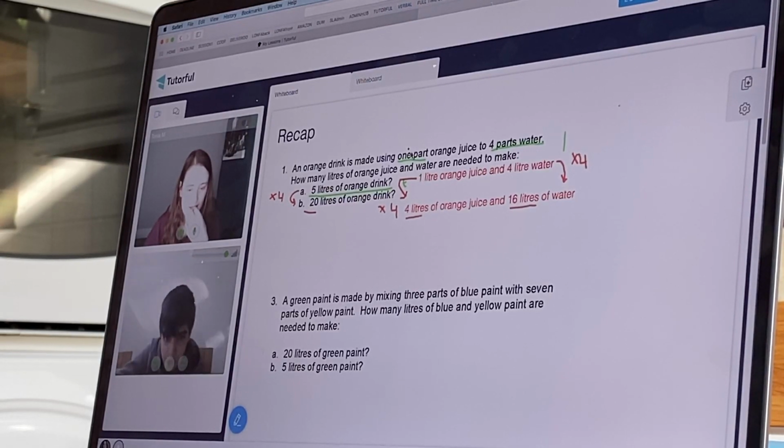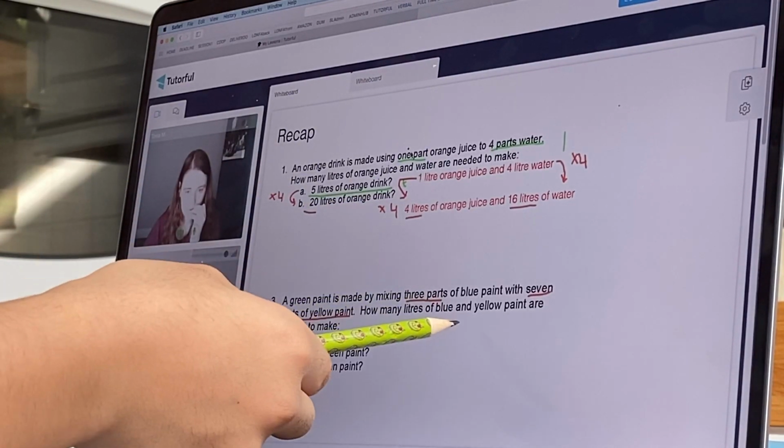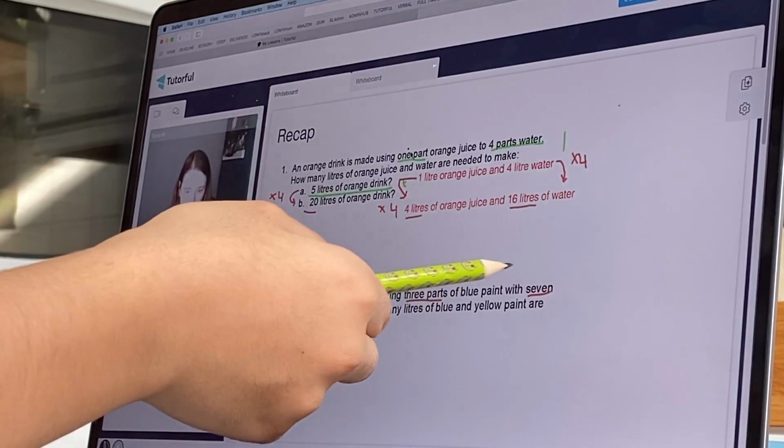And then the next one: a green paint is made by mixing 3 parts of blue paint with 7 parts yellow paint. We need to get to 20. 6 parts of blue.